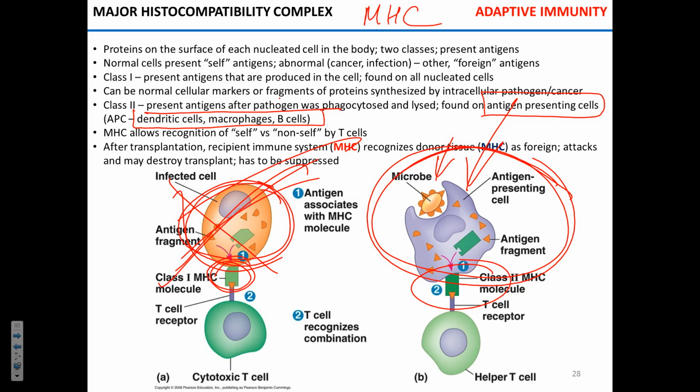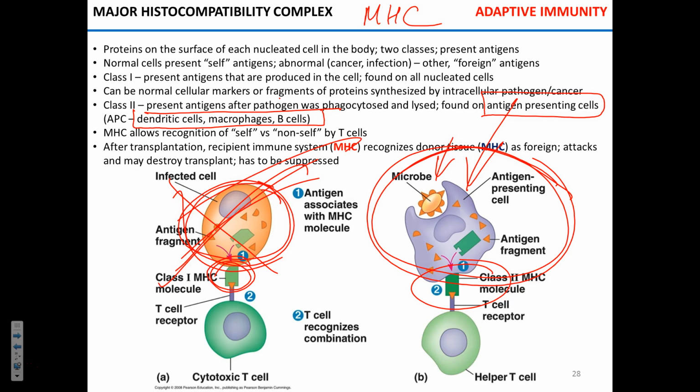Clinical relevance. All human cells display on their surface their own antigens. So this is MHC class 1, this is the antigen, and the cell says, I'm fine, I'm self, and I'm not infected. Now you do a solid organ transplant.